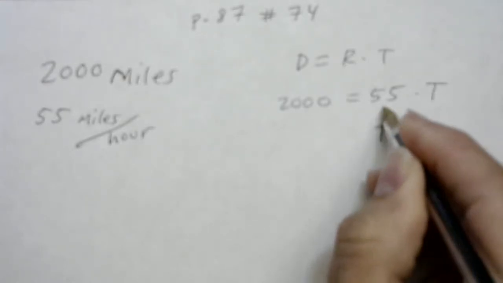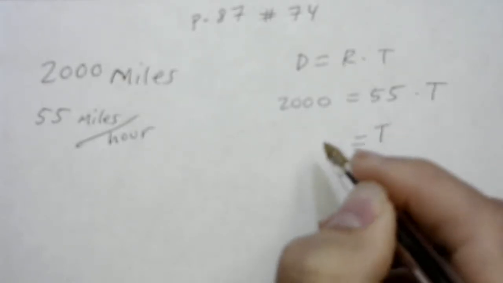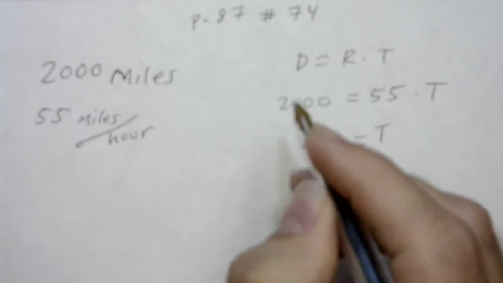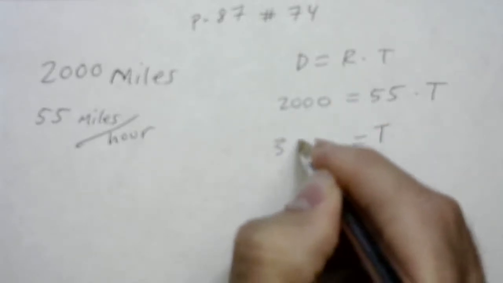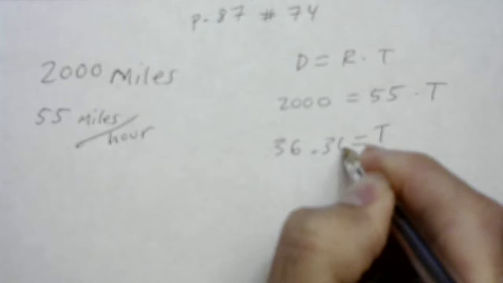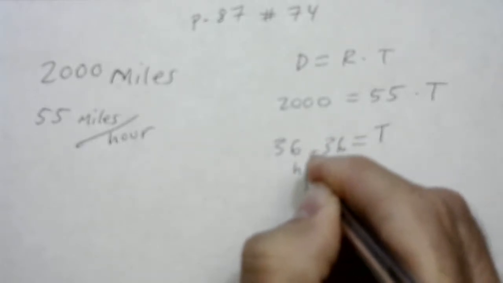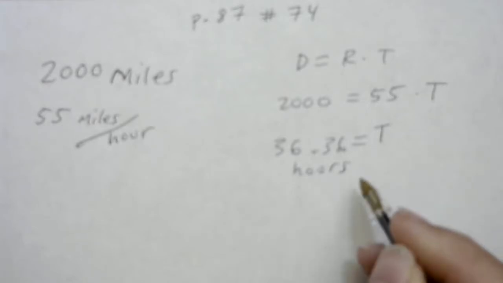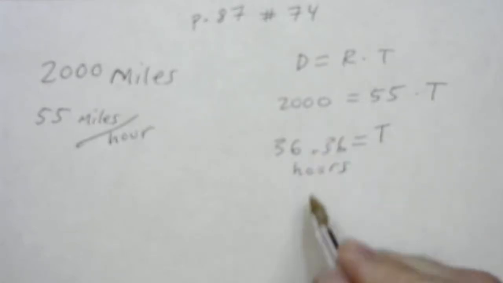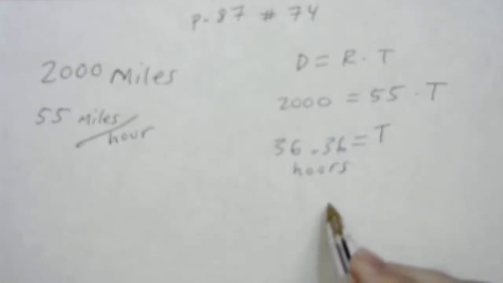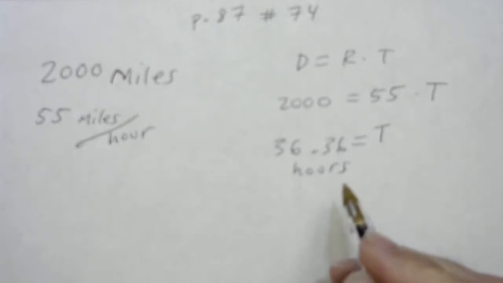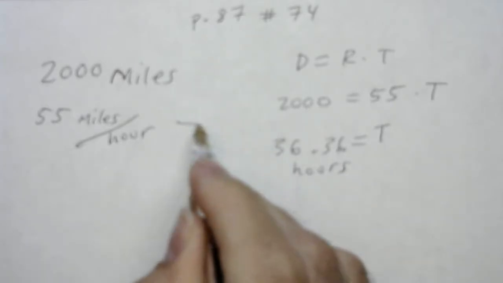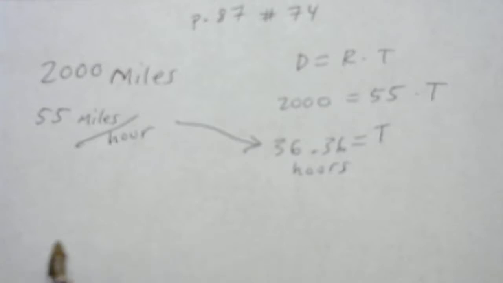So then if we divide both sides by 55, that gives us a time of 36.36 hours. And so this is all for part A. So then 55 miles per hour gets us this.